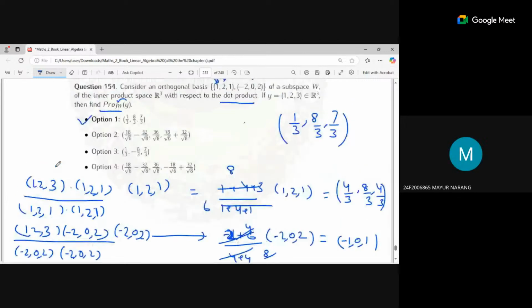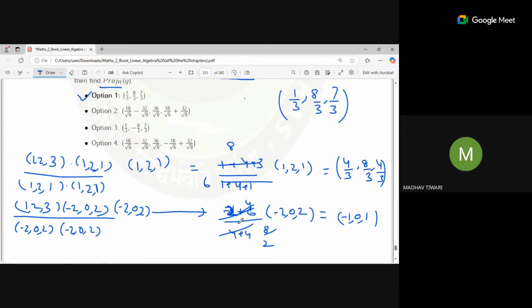A little bit one thing, the minus 2 plus 6 computation, like we have been doing only addition there. Sorry, where? Here. We are not doing addition, we are doing the dot product between these two. So 1 times minus 2 is minus 2, and 2 times 0 is 0, and 3 times 2 is 6 here. So when I added 6 minus 2, I got 4 here. And below it, I have minus 2 multiplied by minus 2, that is 4. 0 multiplied by 0, I didn't write it.